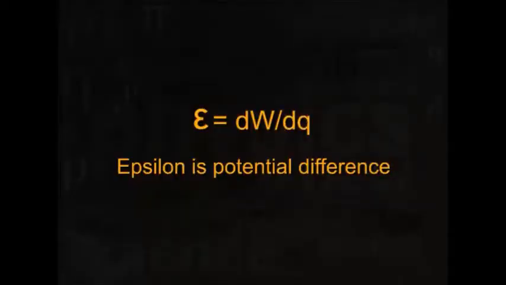Mathematically, we say that epsilon is equal to dW by dQ, where dW is a small work done on a small unit of charge called dQ. The electrical potential difference which is thus created would cause a current to flow if an external circuit is attached to this source of EMF.